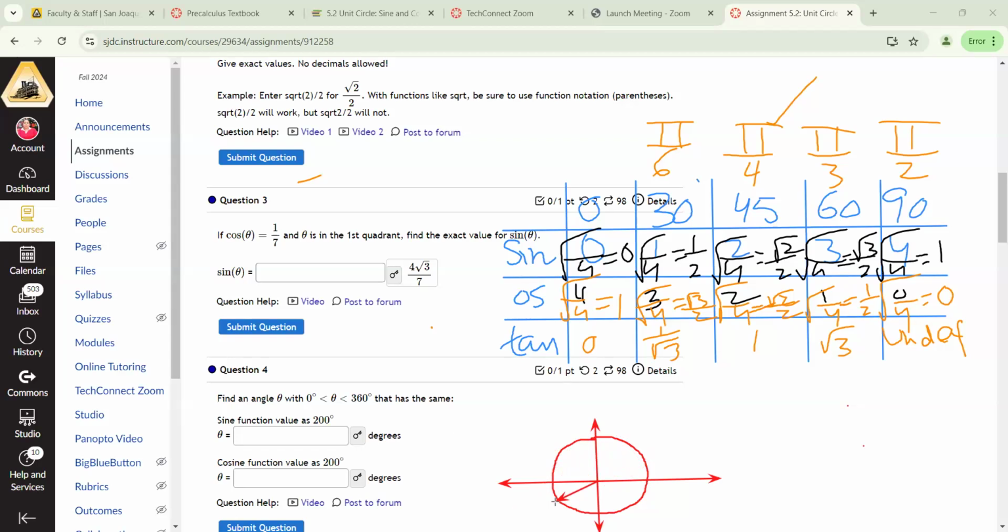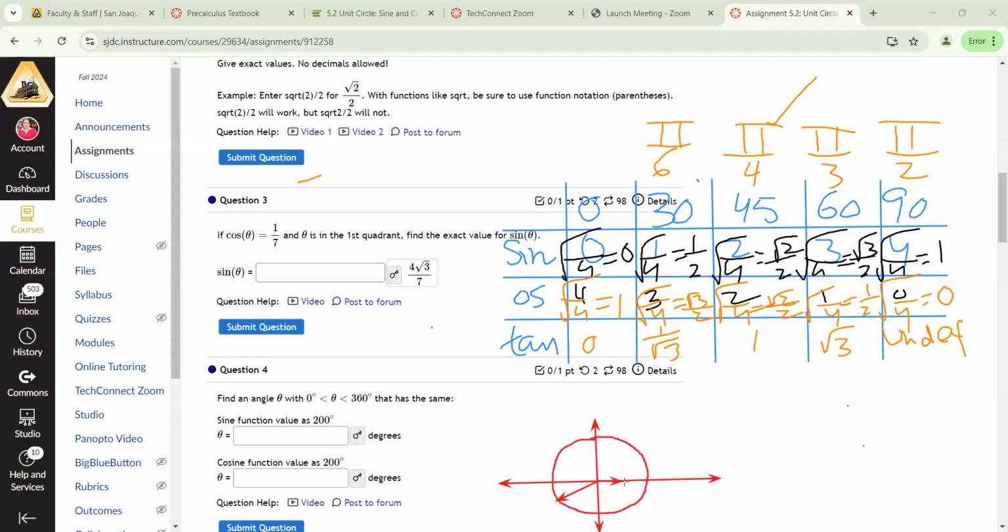Now they're asking what is the other angle which has the same sine value as that. So if I go from the other side, it would be a little less than 180 degrees.